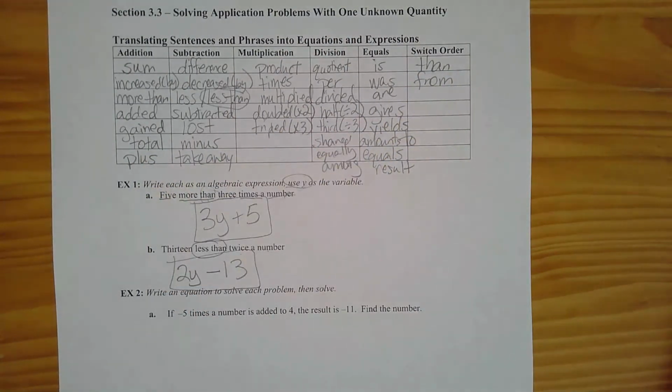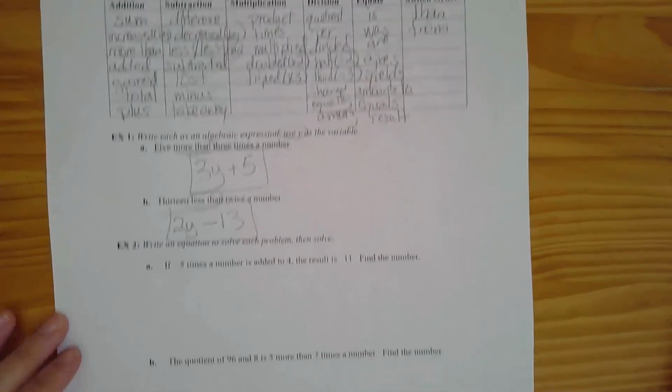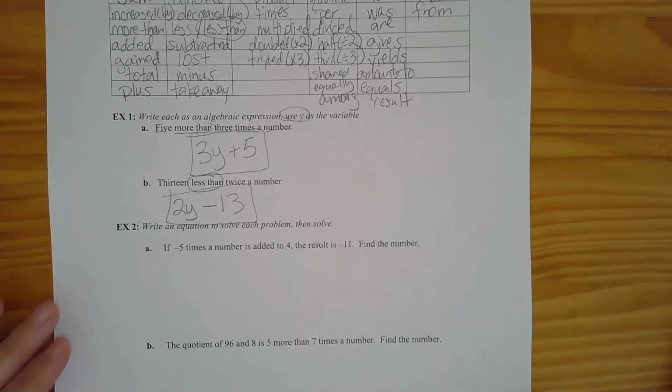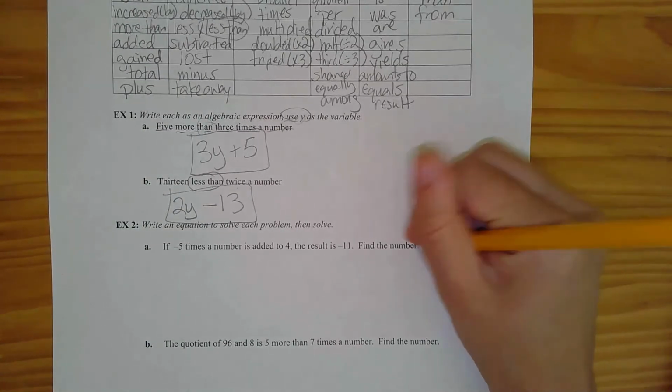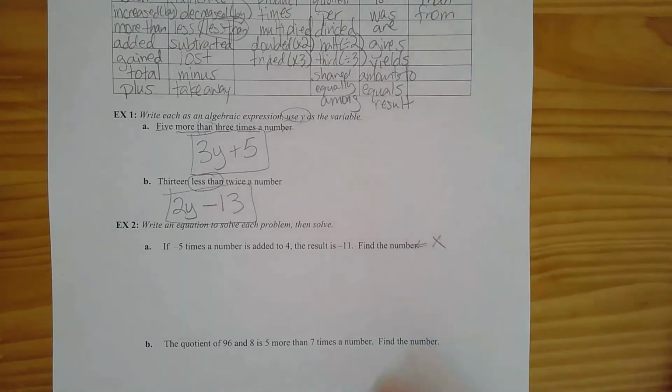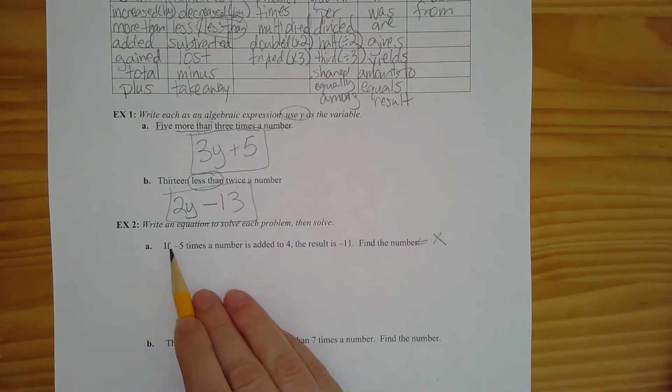Okay. In example 2, write an equation to solve each problem. Then we're going to solve the equation. It's part A. It says if negative 5 times a number is added to 4, the result is negative 11. Find the number. And this time they don't tell us which variable to use, so use an x, okay? So for our number, we're going to use x as a variable. So we go back into our problem.